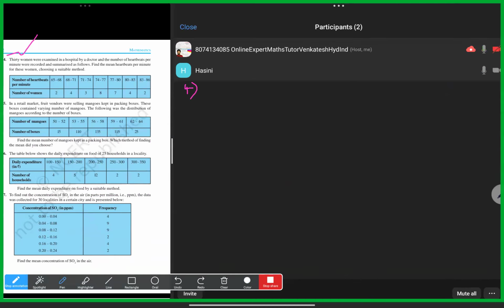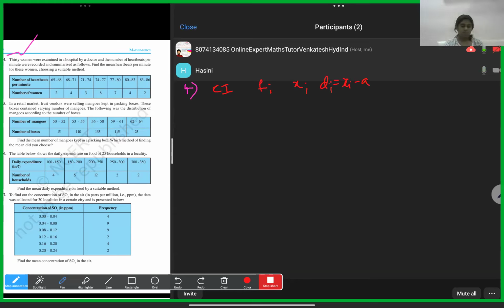Okay, sir. So we'll write class intervals, fi, xi, and di. Di is actually xi minus A, Hasni. So now I'll draw a few columns.